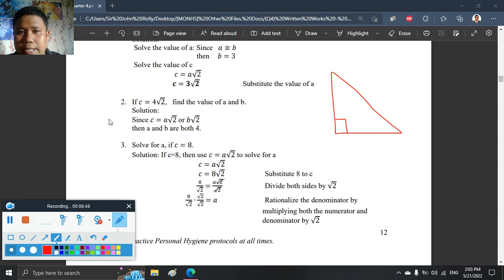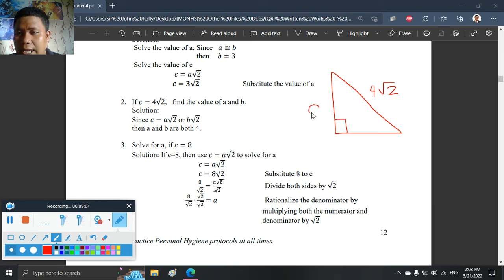Okay. C. So, C is the hypotenuse. So, ang C is 4 the square root of 2.